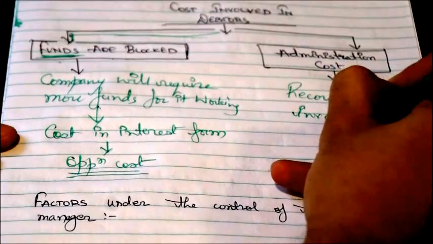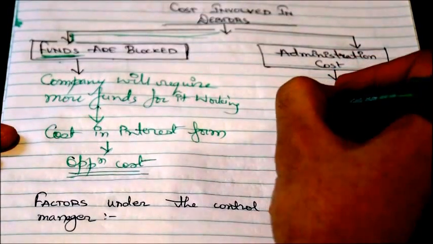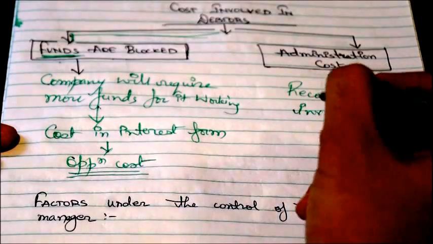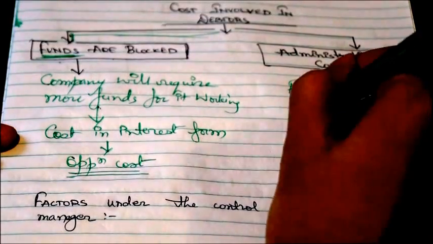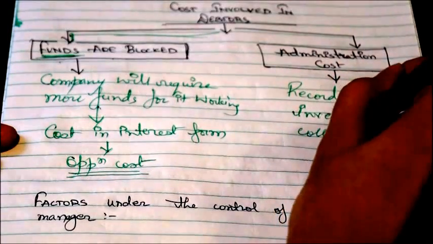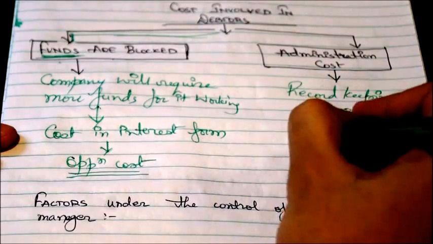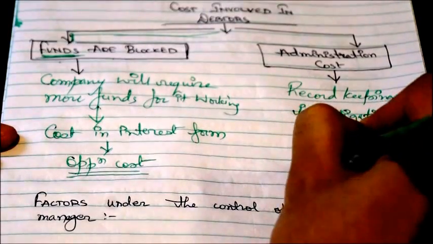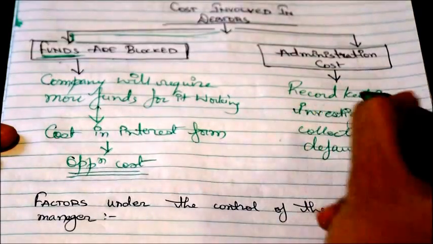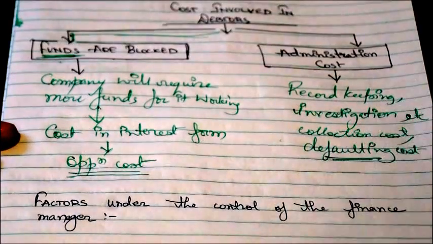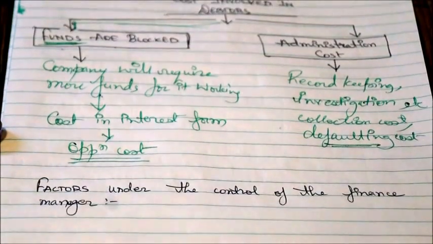You need some background checks to be done on your customers, or you want to investigate their credit worth, etc. Then there could be some collection costs, like you may have to hire some agents who would go ahead, and the bigger cost is your defaulting cost, and all the above costs are incurred so that the defaulting cost is the least. These are all nothing but your administrative cost.